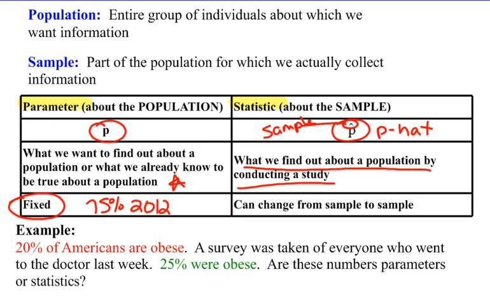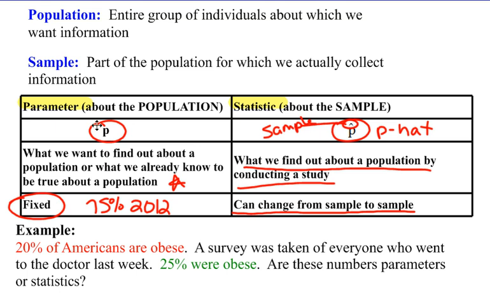Now, a statistic can change from sample to sample, and we'll talk about that in just a minute. I'm going to show you an example. Here it says 20% of Americans are obese. That's given to us. They did a census and found that out. A survey was taken of everyone who went to the doctor last week, and 25% were obese. Are these numbers parameters or statistics?